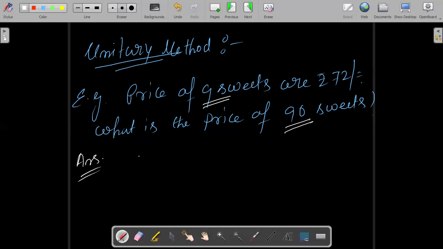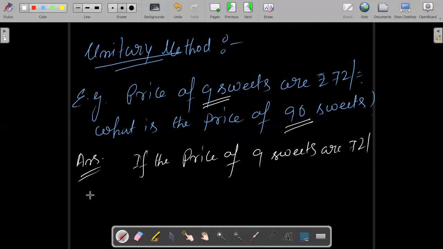If the price of 9 sweets are 72, then the price of 90 sweets are 72 into 10. How do you get 10?